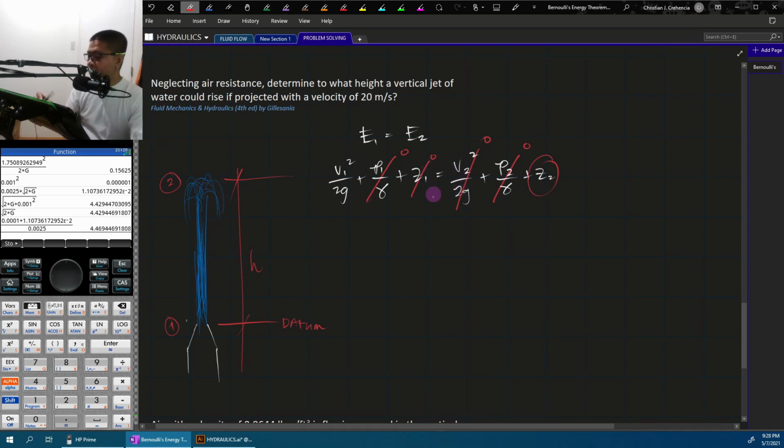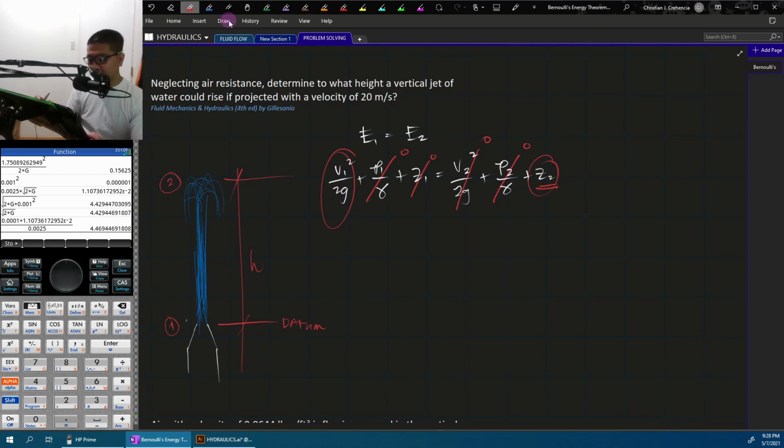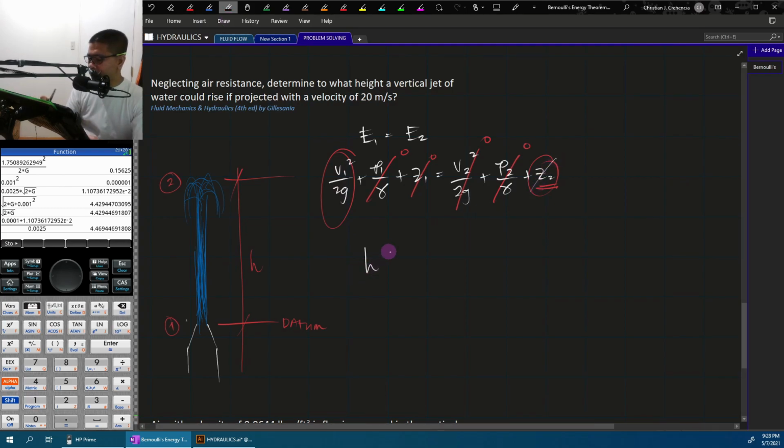Okay? So, kita natin that yung Z, yung height, is just equal to the velocity squared over 2g. So, solving for Z or yung h is equal to, given naman yung velocity, 20 meter per second, then squared over 2g.